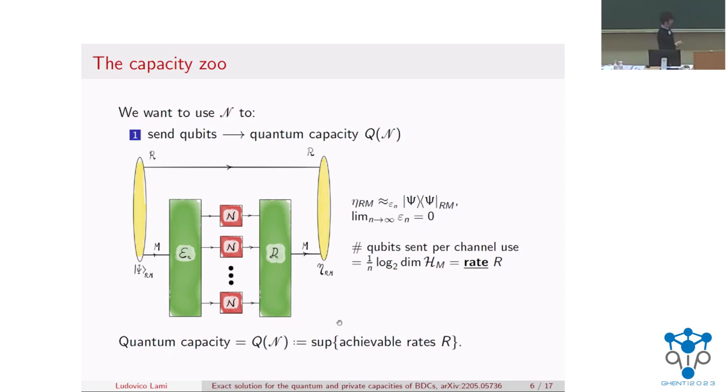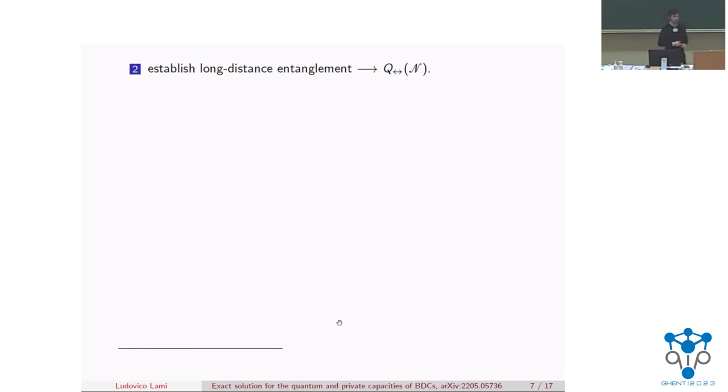All right. There is another task that may be of interest, which is that of establishing entanglement between sender and receiver. Of course, if you can send qubits, you can also establish entanglement, but the other way around is not necessarily true, because to establish entanglement, you may want to use additional resources, such as the ability of Alice and Bob to communicate classically.